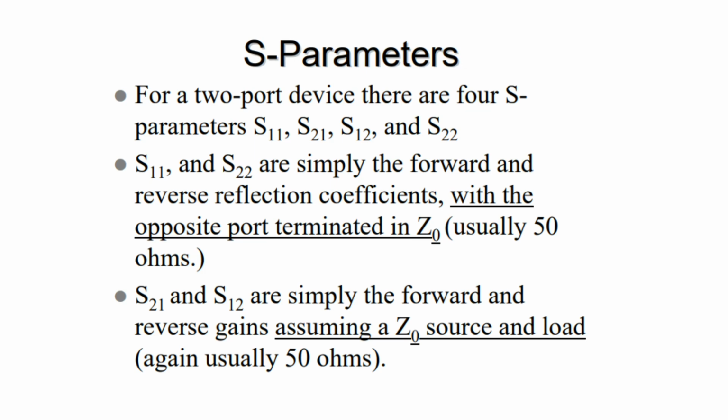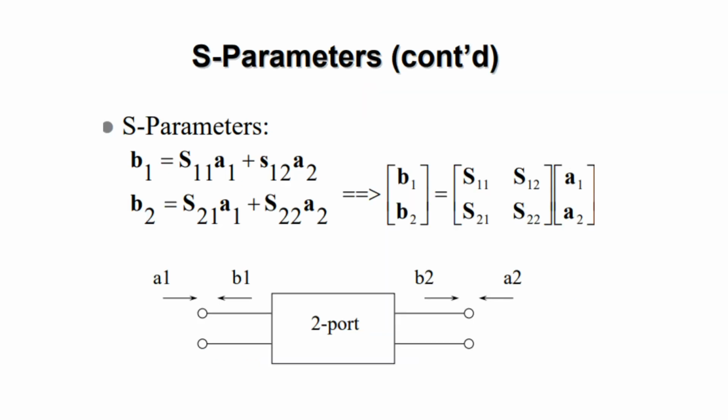S11 and S22 are simply the forward and reverse reflection coefficients with the opposite port terminated in Z0. Usually that Z0 is the load impedance, that value is 50 ohms. And S21 and S12 are simply the forward and reverse gains, assuming Z0 source and load, again usually 50 ohms.